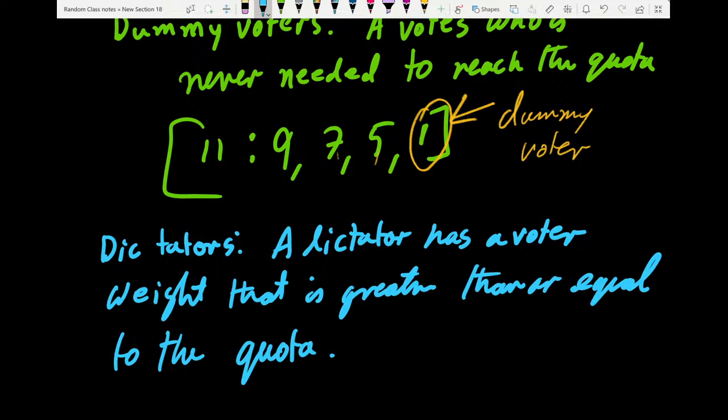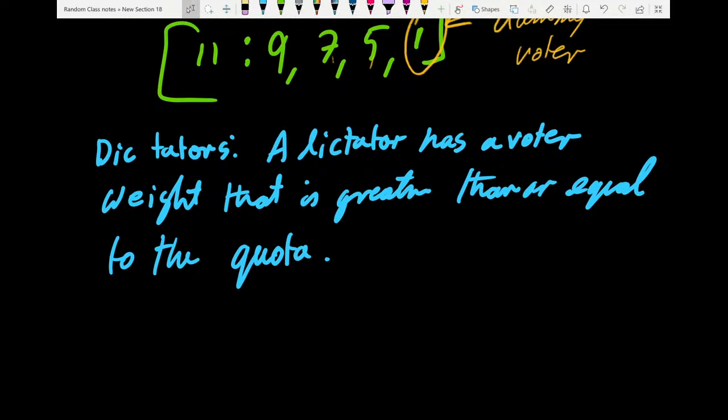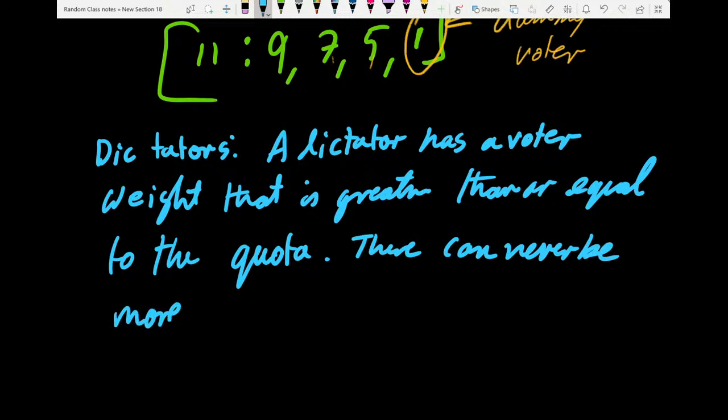So they could have a democracy, but the dictator could have a parliament system where the dictator has the clear majority. There can never be more than one dictator in a voting system.